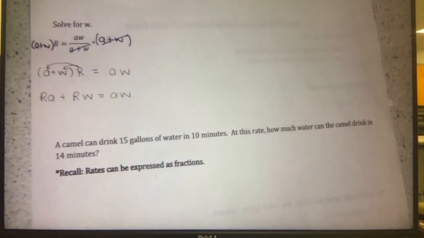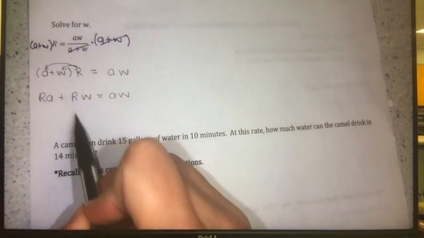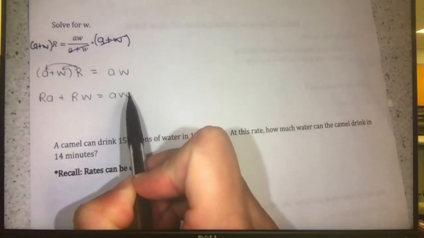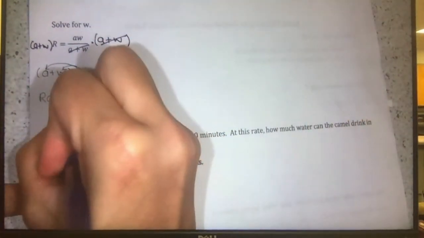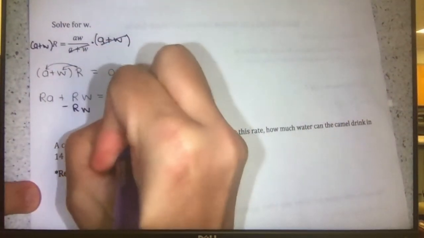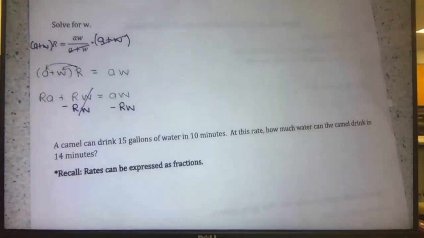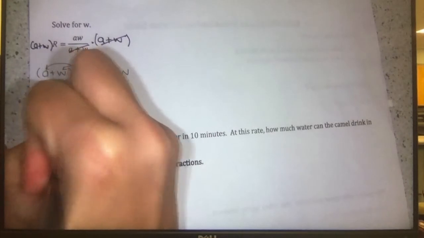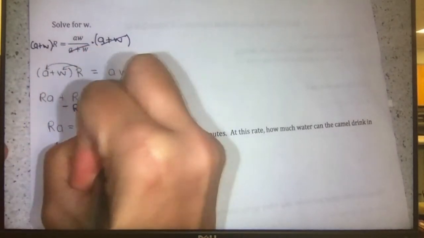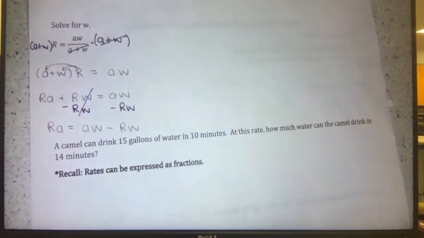Now I can move this RW over to the other side with the AW, and at least my W's are on the same side. So let's subtract RW from both sides. That way RW minus RW cancel each other out. We are left with RA equals AW minus RW.